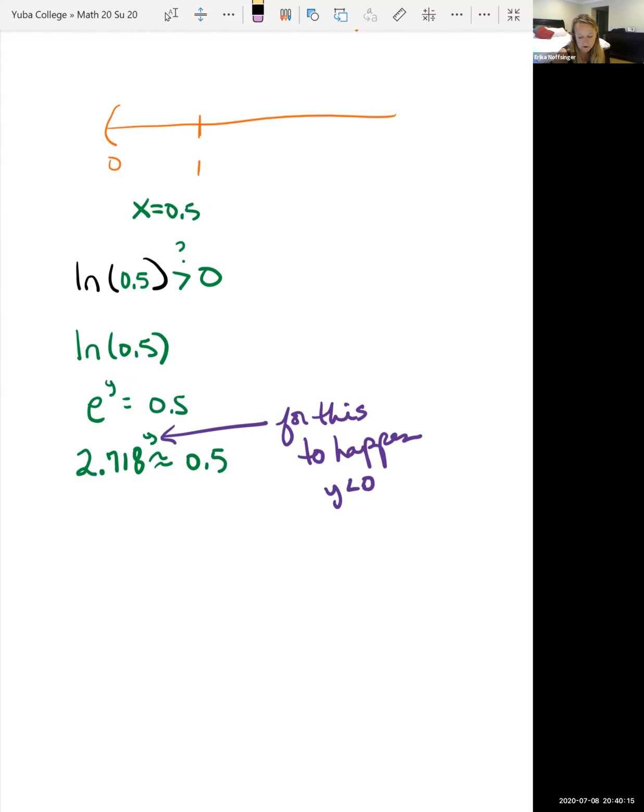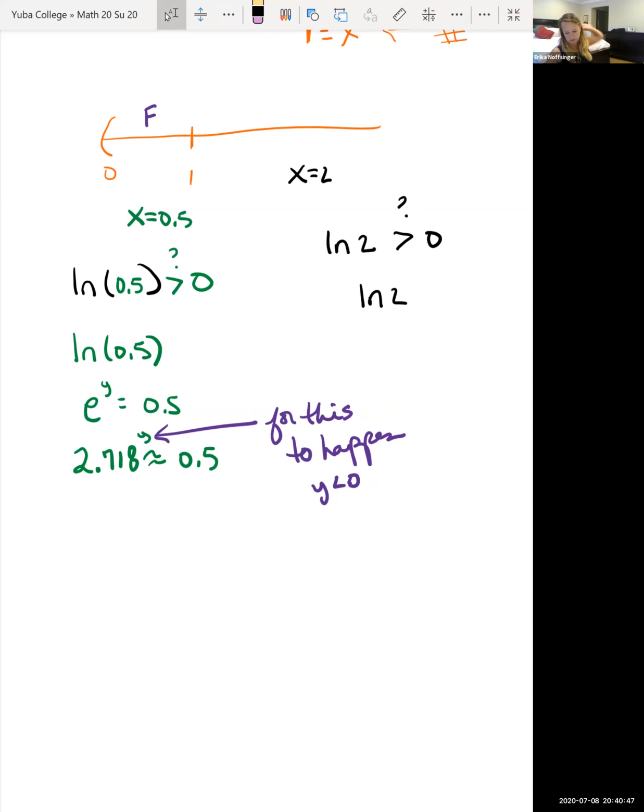No, that's false. But if you choose a number bigger than 1, so x equals 2, then we have the natural log of 2. Is this greater than 0?